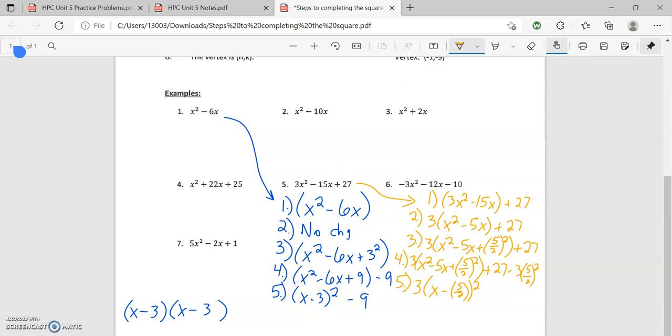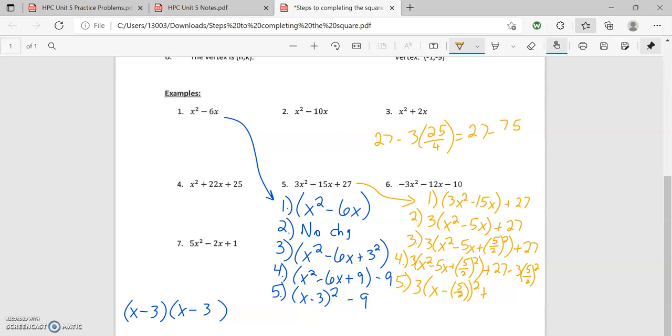Now, plus, what do we got here at the end? We got plus 27 minus 3 times 5 half squared. So, 27, I'm going to come up here and try and simplify that. Minus 3 times, I'll at least get rid of the squared, right? We'll distribute that out. So I should probably do some simplifying in this step.